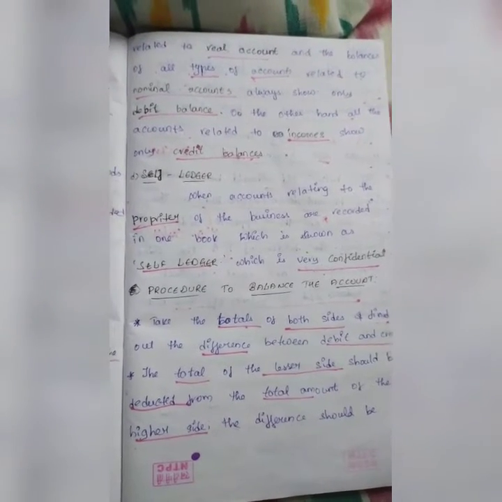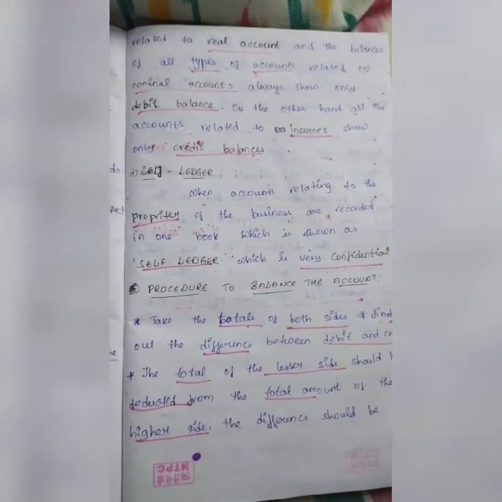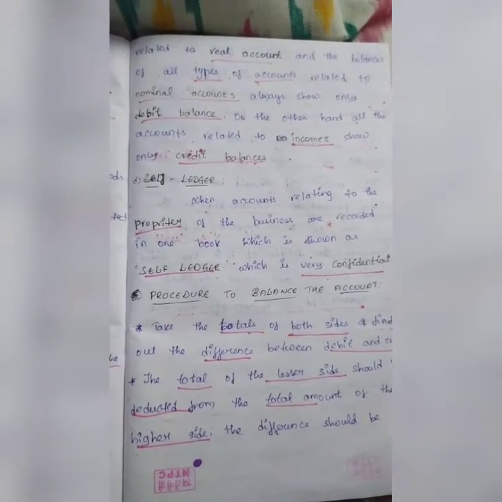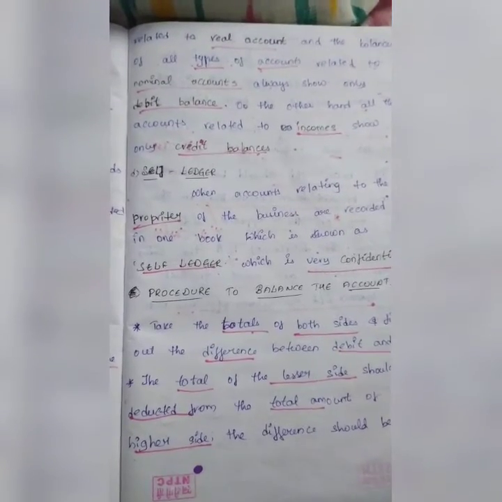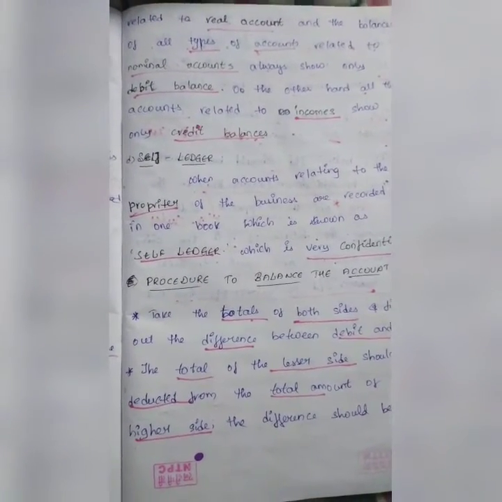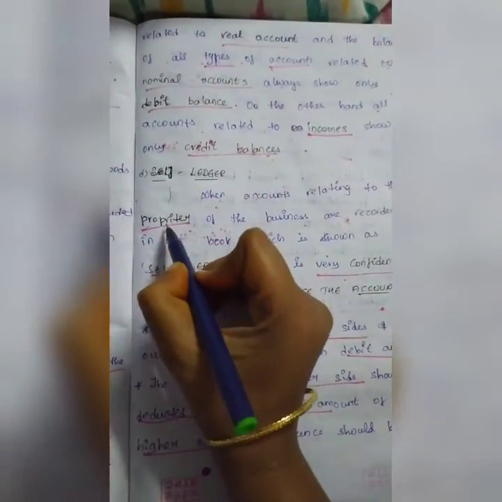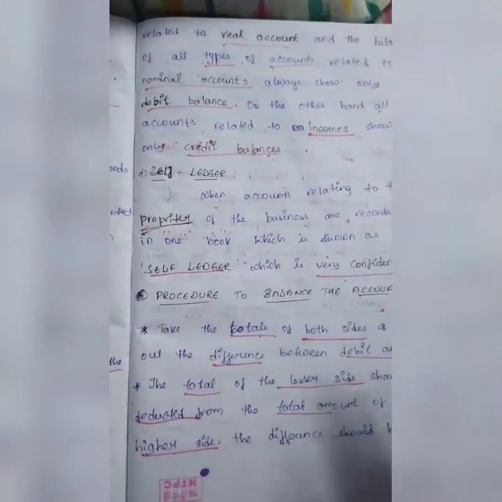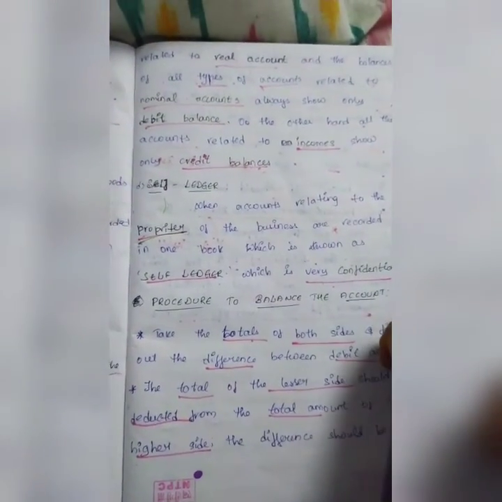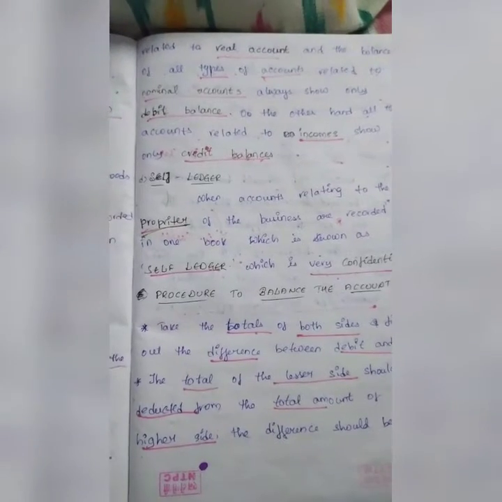So all the transactions relating to this person, if we record in one book, are known as the self-ledger. It is very confidential as it is the book related to the proprietor, the owner of our company. So now I think you have understood these types of ledger accounts.